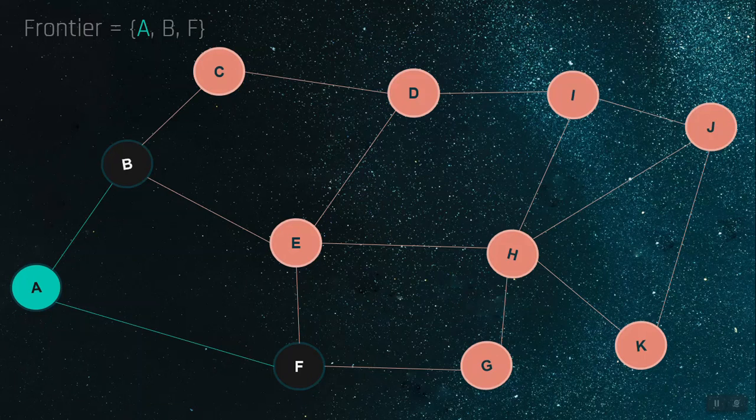So next to be explored is B. You have to base your next move from our frontier. A is the first one, and we added B and F as its immediate states to be explored.